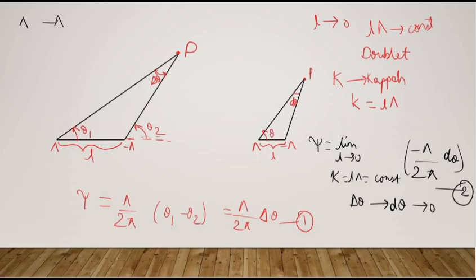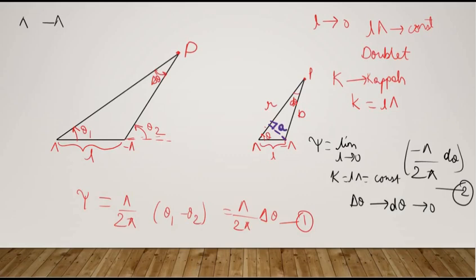If I draw a line from the sink perpendicular to R, this is my R. So R and B are the lines denoting the distance from source to P and sink to P. So what I will do is draw a perpendicular line from the sink to R. This is the perpendicular from the sink to R, and I will denote this length by A.